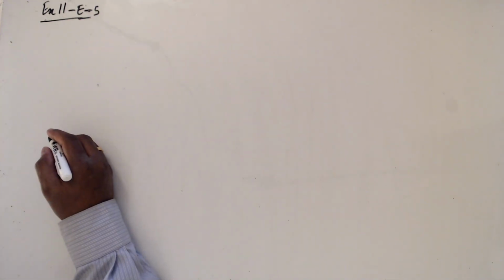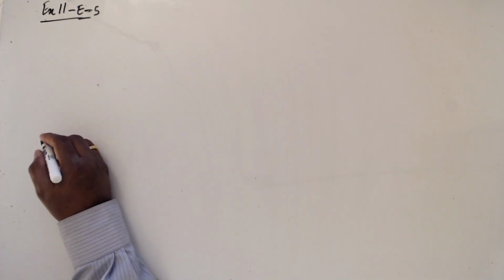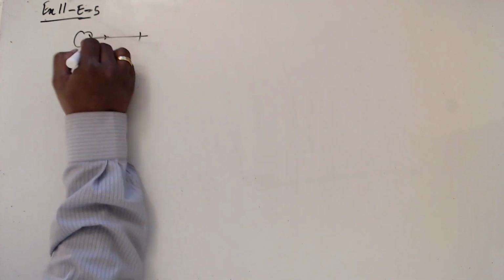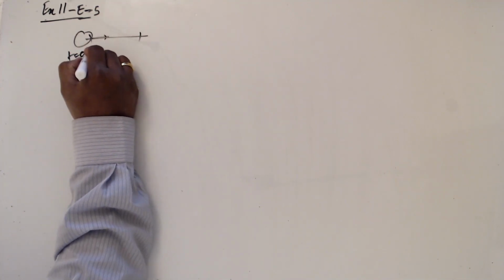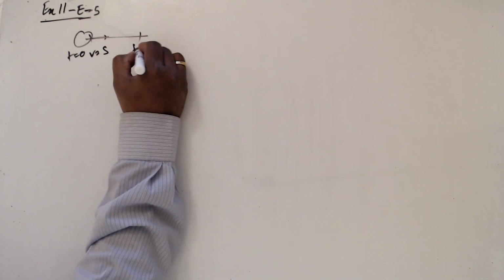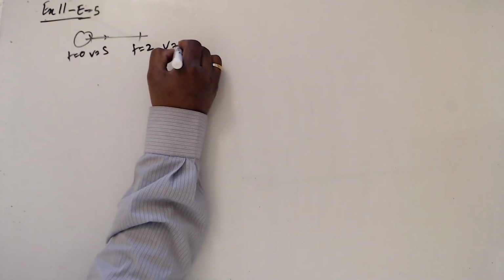Question number 5. The particle moves in a straight line with a constant acceleration. The velocity of the particle is 5, and after 2 seconds it is 13. So initially t equals 0, v equals 5, and when t equals 2, v equals 13.